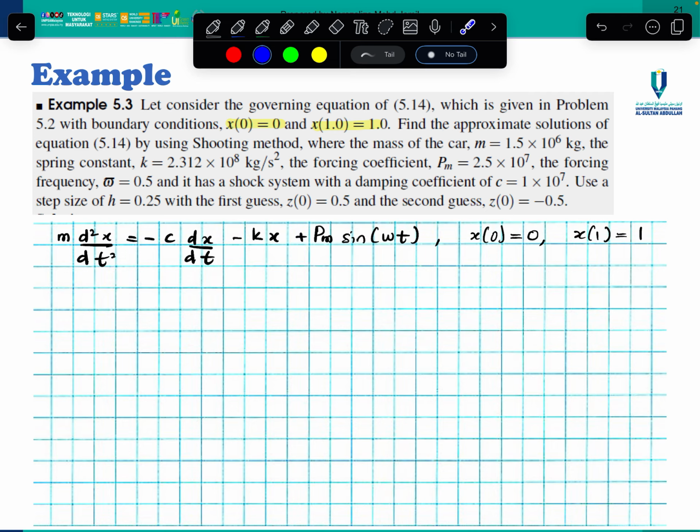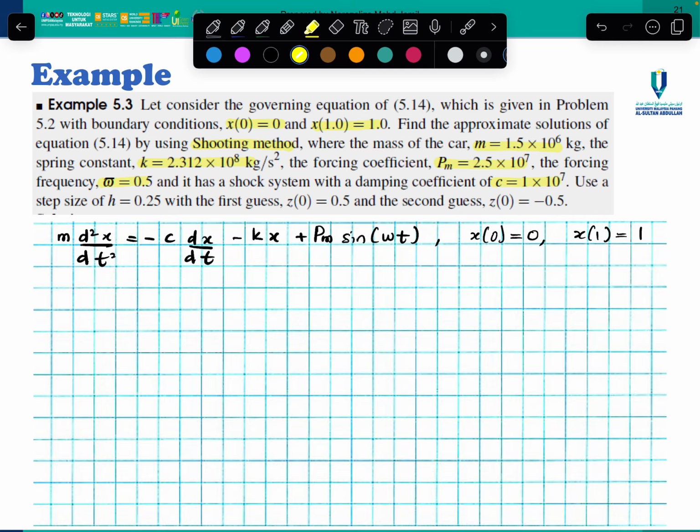Find the approximate solution of equation 5.14 by shooting method, where the mass of the car m is given, the spring constant k is given, the forcing coefficient pm is given, the forcing frequency omega and c are also given.